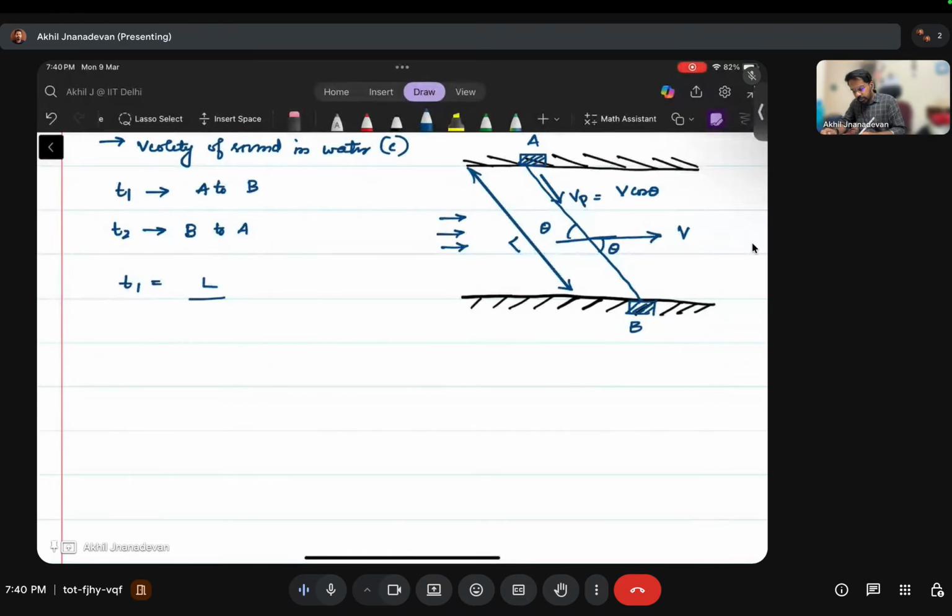So when it goes from A to B, it is in the direction of that component, so it will be C plus V cos theta, and T2 can be measured as L by C minus V cos theta, right?